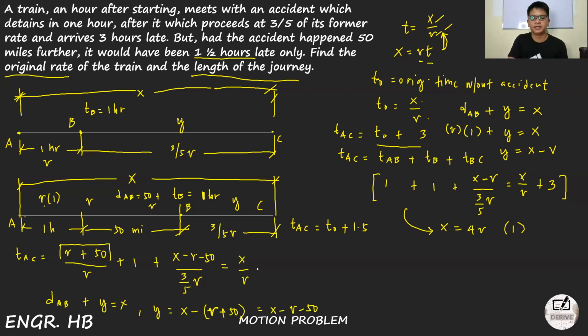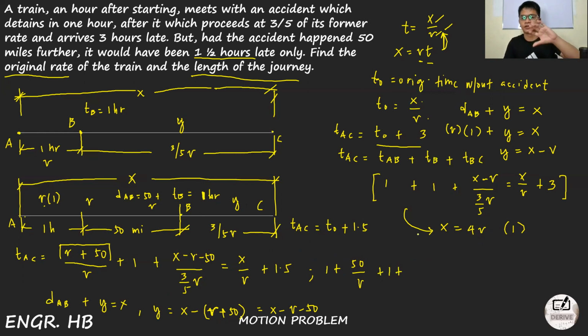Lagi yan, X divided by V plus 1.5. So yun, V and X na lang kulang, parang dito. Nakapag-simplify na rin tayo. X is equal to 4V and we're going to simplify this again. So sabihin na natin V plus 50 over V plus 1. So alam natin V divided by V, so that will become 1 plus 50 over V. Wag malilito guys, V divided by V is 1. 50 divided by V is 50 over V plus 1 plus.